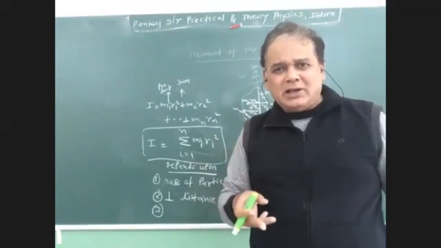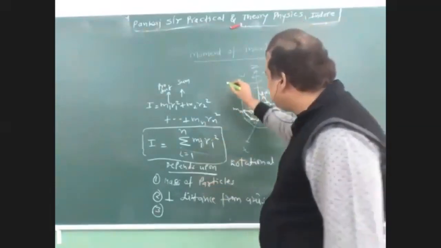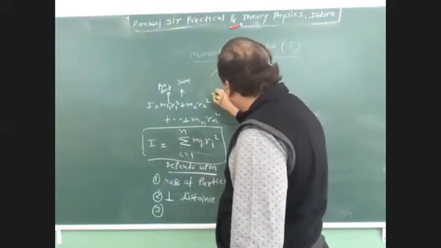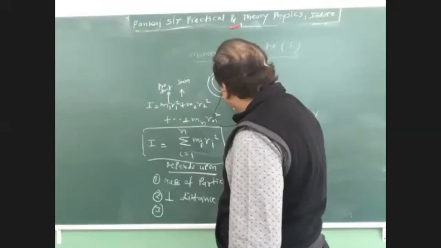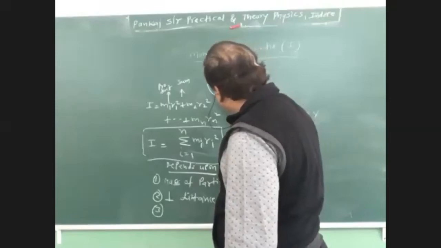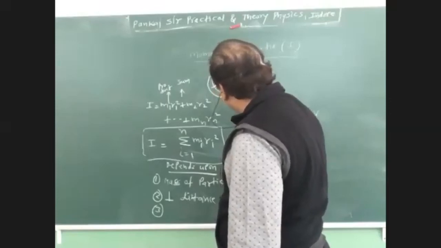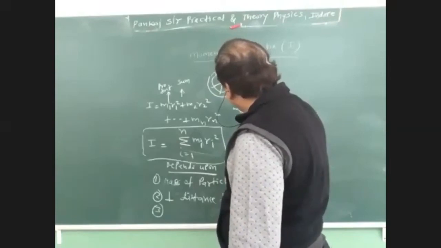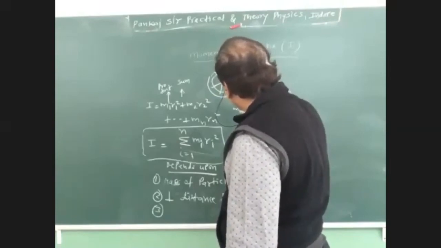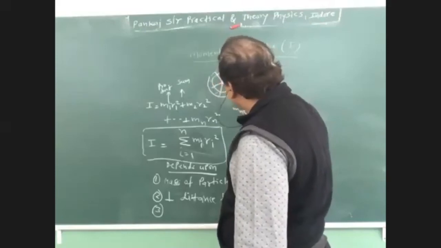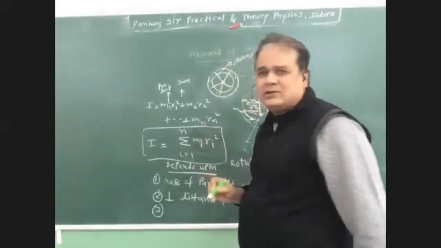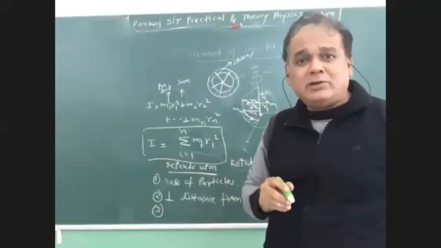Just like in a cycle, you have seen, this is the rim of the cycle and this is the axis. The axis and rim are connected by spokes, जिसको हम ताड़ी कहते हैं, ठीक है. So here mass is more. It means the distance from the axis of rotation is more, so its moment of inertia is more.